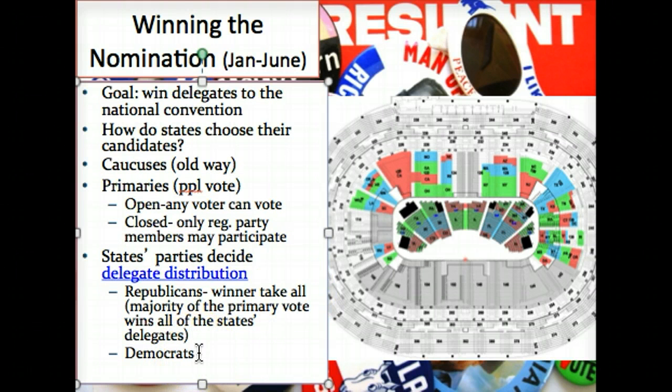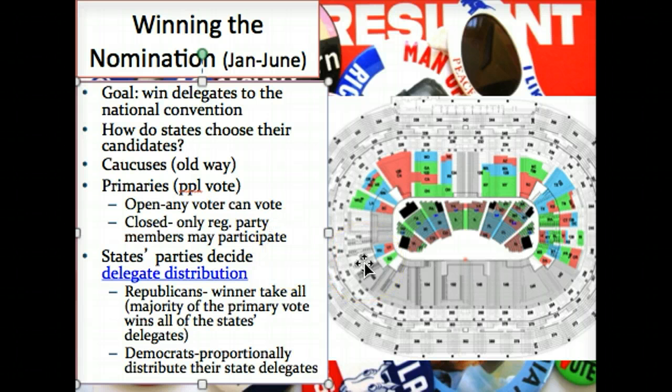Okay, Democrats proportionally distribute their state delegates. So if you win 70% of the primary vote, then you win 70% of the Democratic state delegates. And I'm going to show you how that works, hopefully.